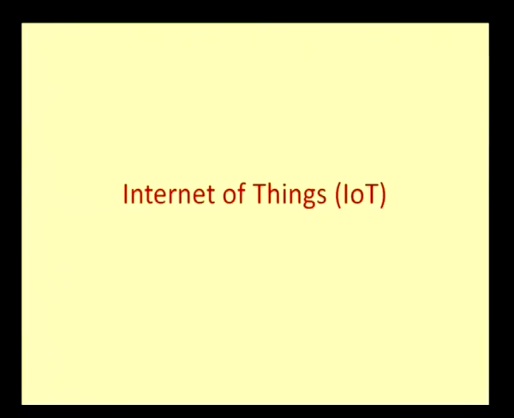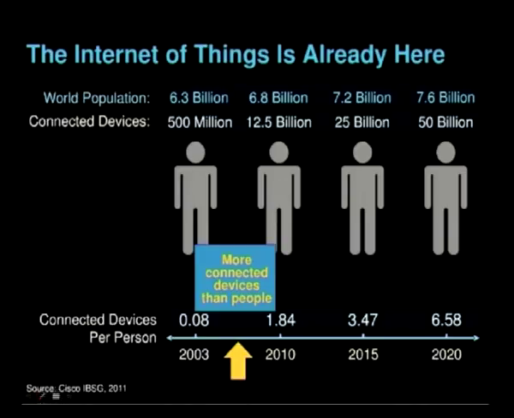Now, let us discuss about Internet of Things, IoT. It is the buzzword used in the industries nowadays. Since internet is very much popular, we are talking about Internet of Things. Internet of Things is already here. This is the prediction. The source is Cisco IBSG 2011.